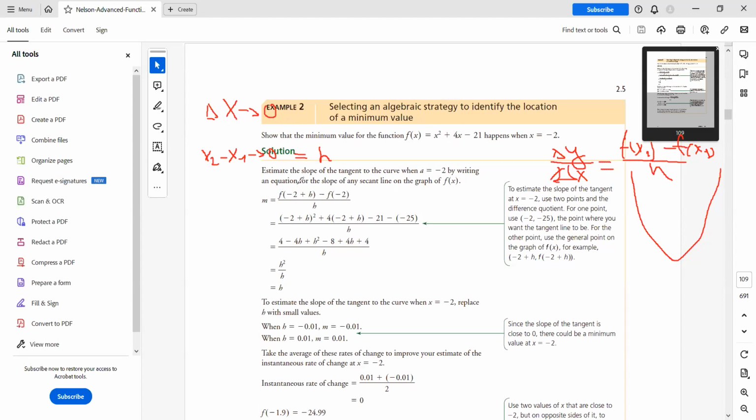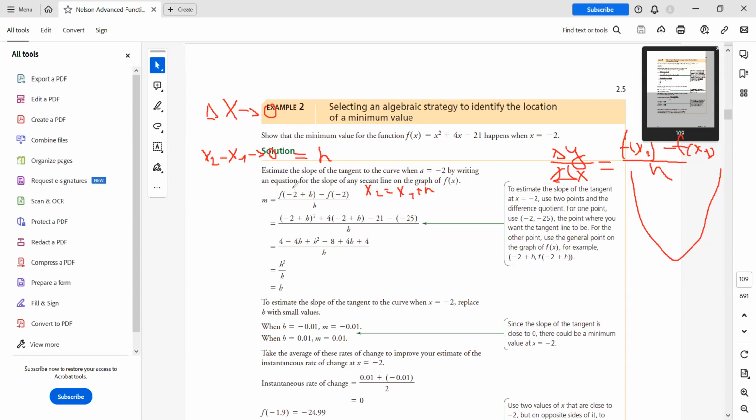Here is basically what we're going to get, right? f of x2, and x2 is x1 plus h. x1 equals -2, so -2 plus h. Function from -2 plus h minus function from x1. x1 is -2, right?